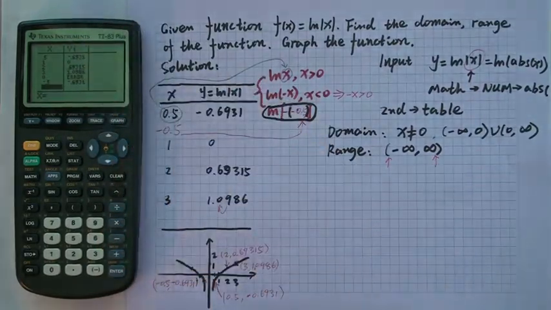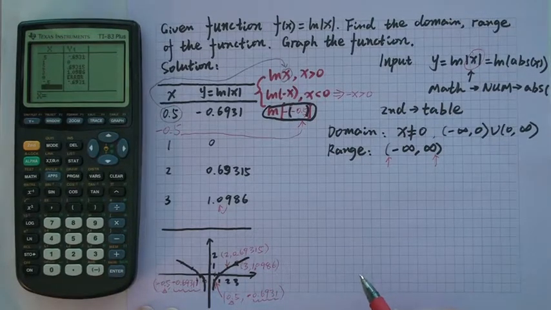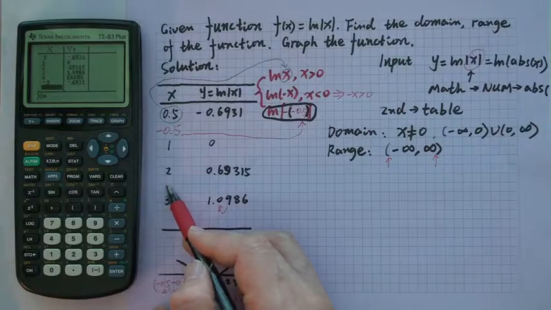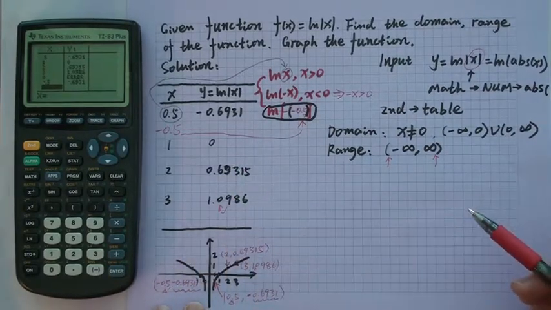So it doesn't matter whether you put positive or negative; you shall have the same answer. Similarly, you can do negative 1, negative 2, negative 3, and you shall have the same answers here.